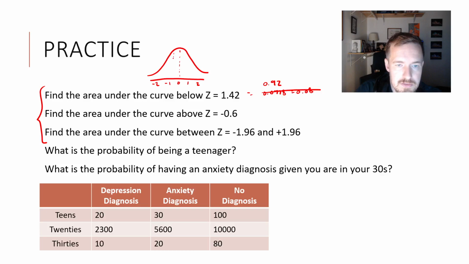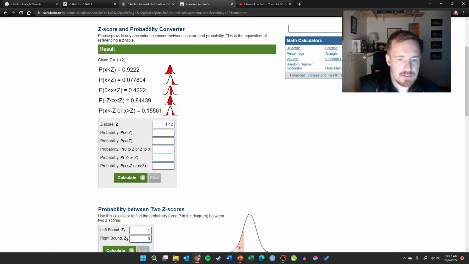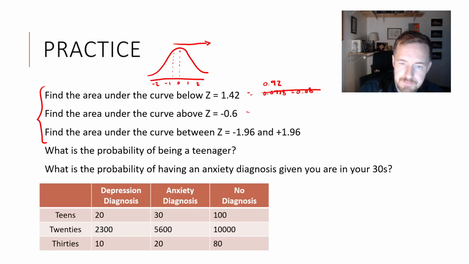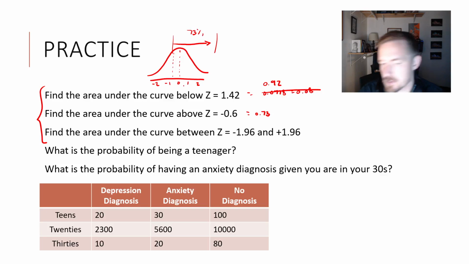Negative 0.6 would be somewhere right around here. So again, we're looking at more than half the data if it's going to be above that. So let's find out what that is. I'm going to throw in 0.6, calculate that, and I'm looking for everything above that, which is what I see right here. And that's going to be 0.725, so 0.73. Because what we're saying is that everything above this is about 73% of the data, which just eyeballing it does look to be correct.